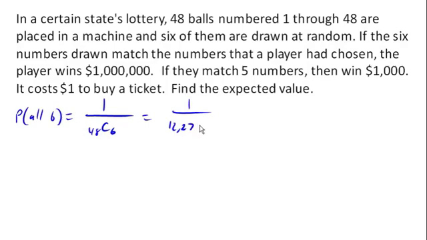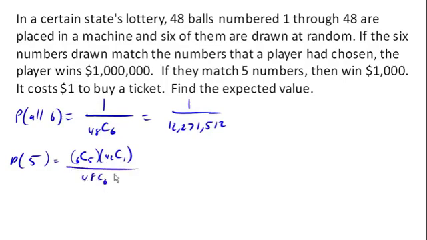And the probability of matching 5 was, let's see here, from 6 numbers we had to pick 5, and then from the 42 non-winning numbers, we had to pick 1, and we ended up with a probability of about 252 out of, again, that 12 million there.